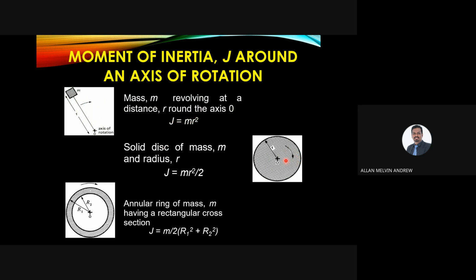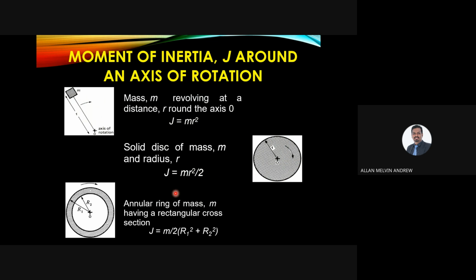If we are dealing with a solid disk or solid body with the center, radius r, we use this formula, J equals mr squared over 2. So this is one formula for us to use.